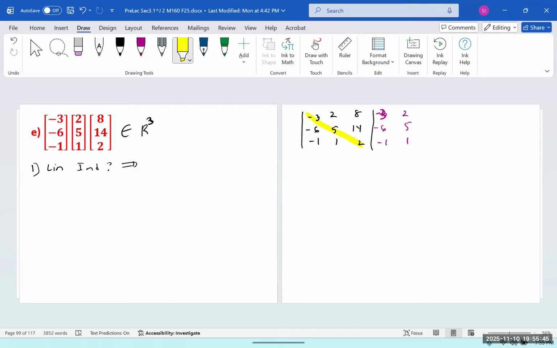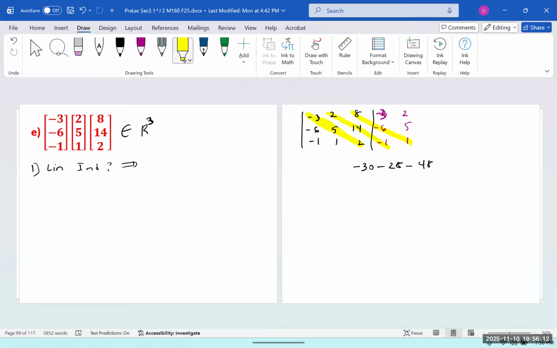How much do we get from this diagonal? -30, plus the next diagonal, 2, 14, and -1, which is -28. The last diagonal, 8, -6, and 1, is -48. So these are the right diagonals.